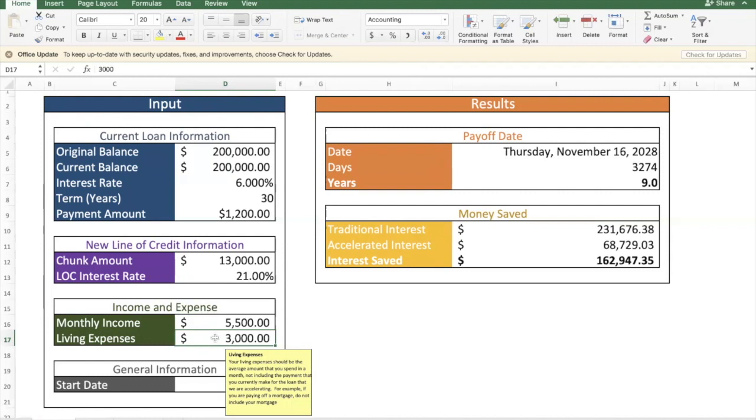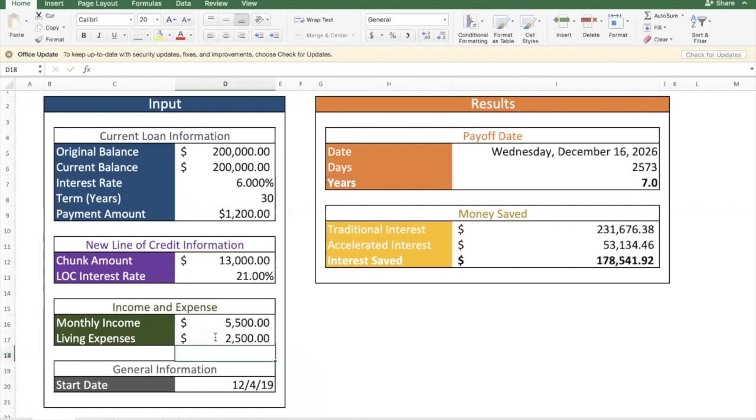So it's realistic to say you use this method to pay off cars and different expenses that you don't have to have throughout your life all the time. So let's lower our expenses here by $500 as a car payment that we eliminate. And now we're down to 7 years, saving over $175,000 worth of interest. And the interest you pay is only $53,000.